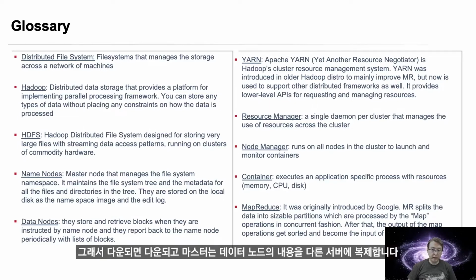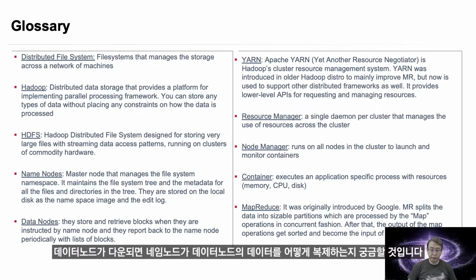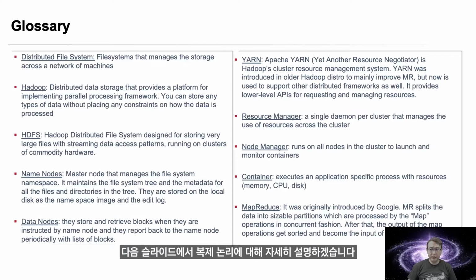If it goes down, the master replicates contents in the data node to another server. You may wonder, how does name node replicate the data in data node if the data node goes down? I'll talk more about replication logic in my later slide.